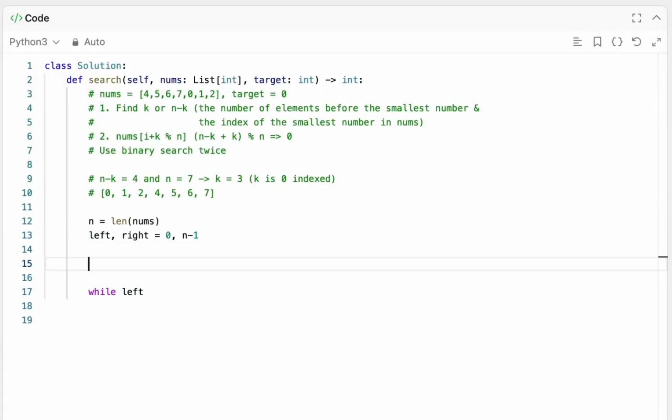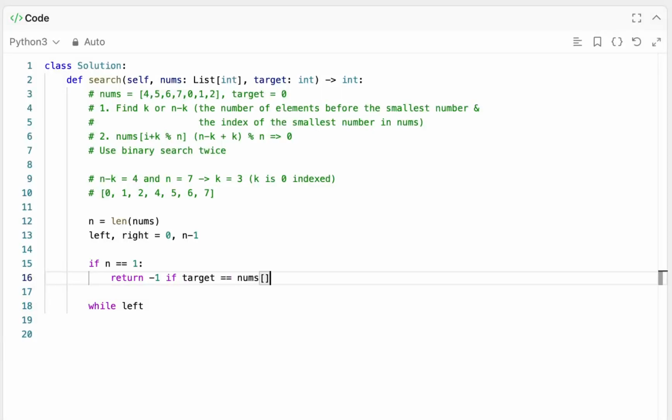So let me confirm it here. If n is equal to 1, return the index 0 if target is equal to nums of 0, else -1. There we go.